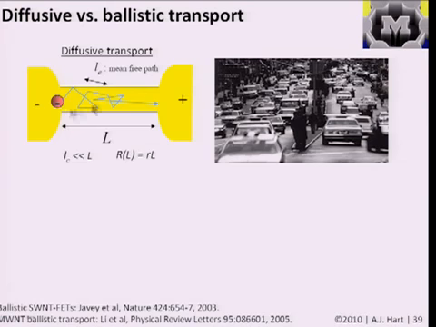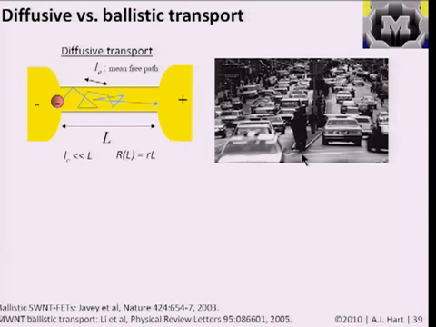And if you assume that there are a relatively large number of collisions, then we can say that the mean free path, or L sub B here, is much less than the length, and the resistance of the nanotube as a function of length is going to be directly proportional to its length. Or if we say R is the resistance per unit length, then the total resistance is just R times L.